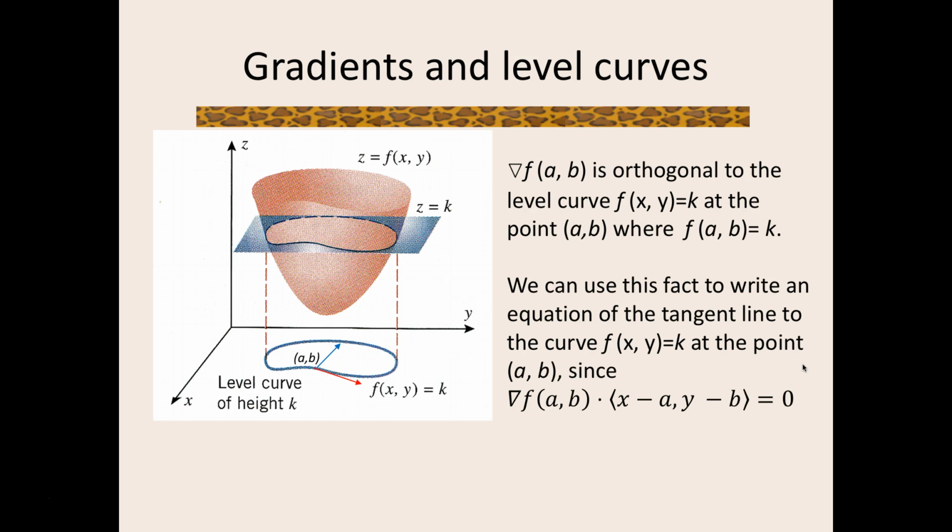And now just one more property I want to tell you about gradients, and that is their relation to level curves of the function. So remember, here's a level curve. This is where we set the function equal to a constant. Here that level curve has been just projected down to the xy plane. Now, this red vector here is a tangent vector to the level curve.